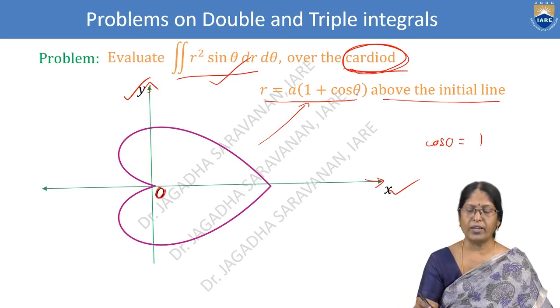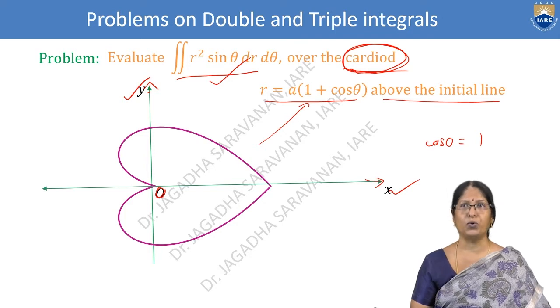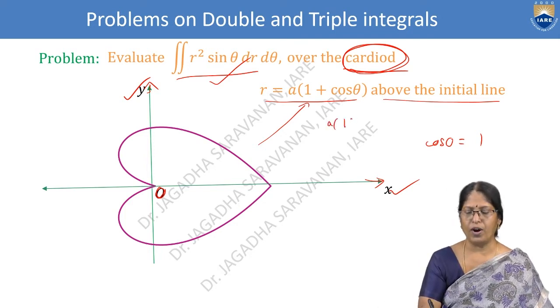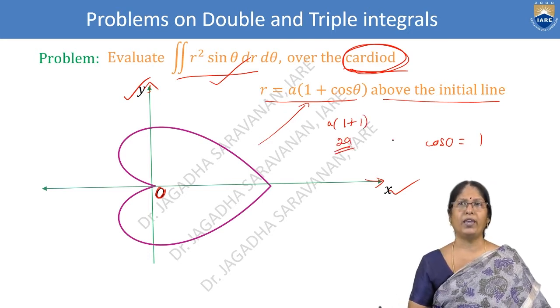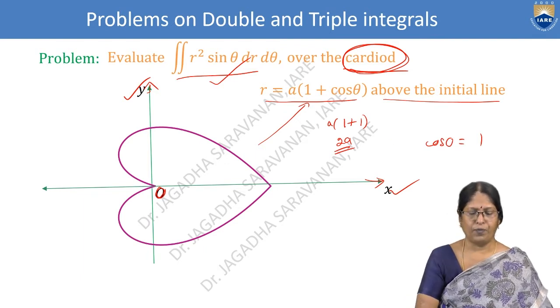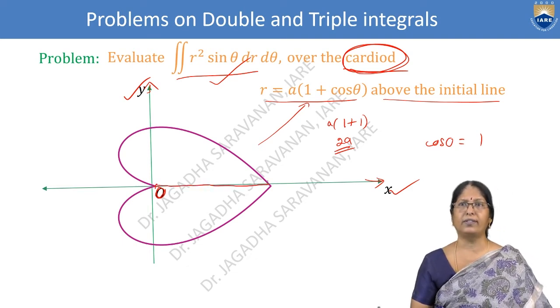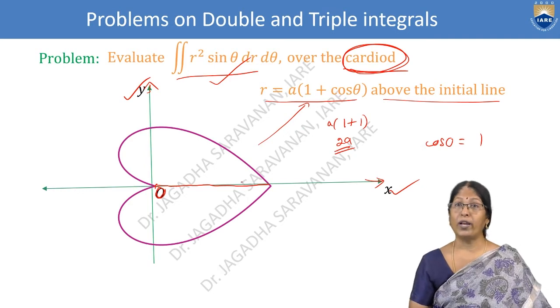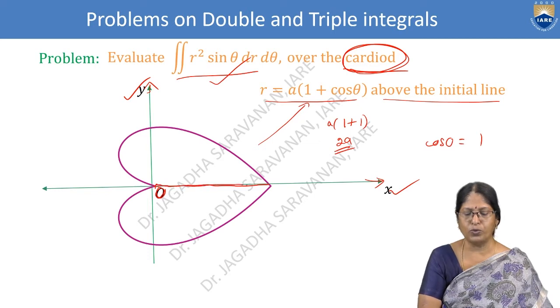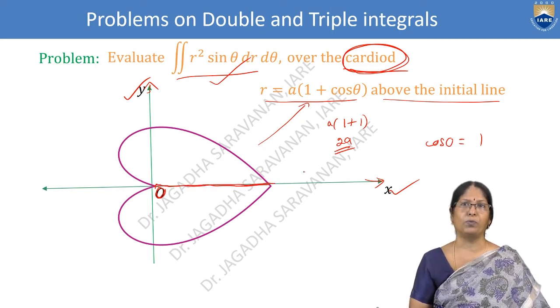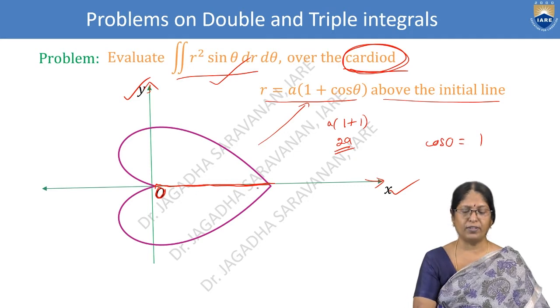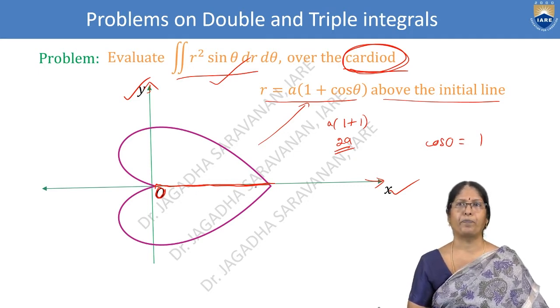So if theta is 0, then a of 1 plus cos 0 is 2a. This gives an indication that from the origin, since we are working in polar, the radius moves up to a distance of 2a.